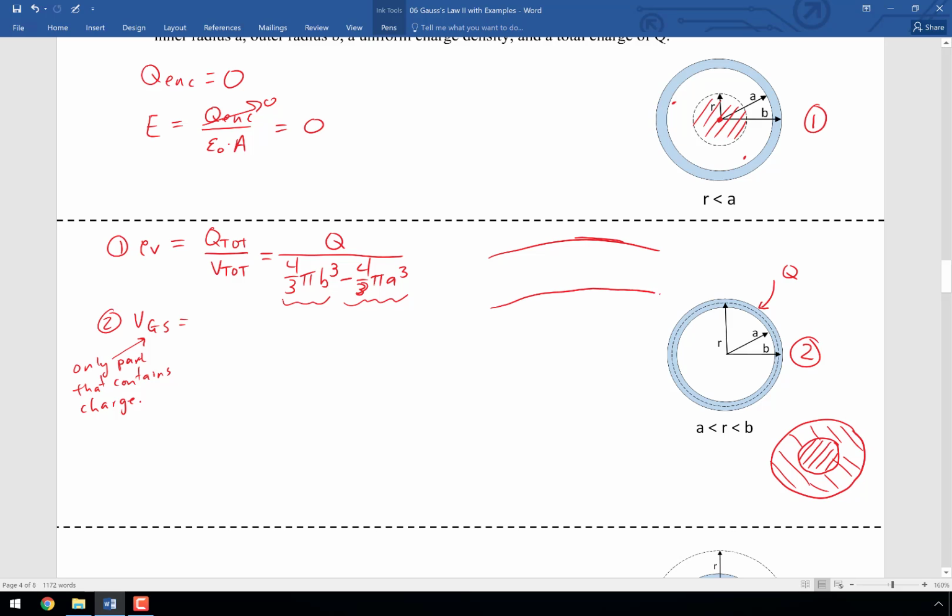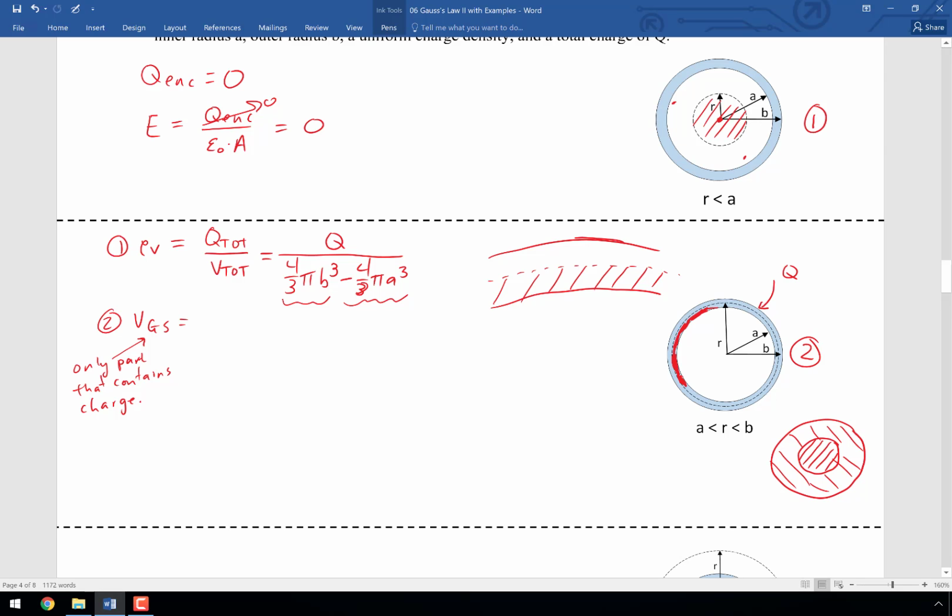I've got the inner wall and the outer wall, and then here's the Gaussian surface somewhere in the middle. Well, the part that's inside the Gaussian surface that contains charge is right here. This portion contains charge. So I could shade that as being in between the dotted line at R and the solid line at A. That's the portion that we're accounting for here.